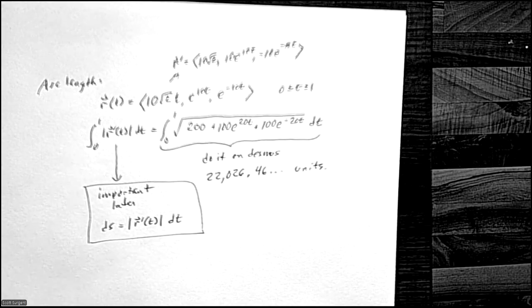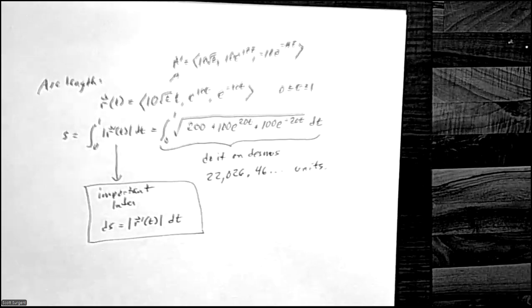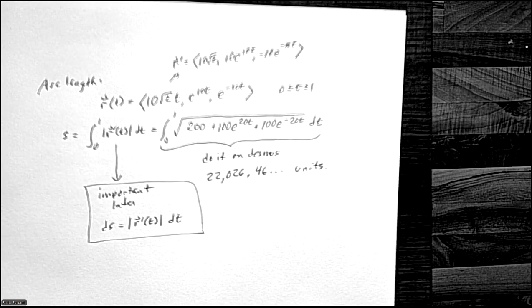But what's more important is the relationship that develops between the two types of segmentation. This is going to be relevant for later on. Now, of course, in this class, later on is like 3 weeks. But when we get to the chapter on line integrals, surface integrals, flow integrals, things like that, there are two types of segmentation that occur. There's the DT segmentation, which is the one you normally do when you parameterize a curve. And there's the DS segmentation.